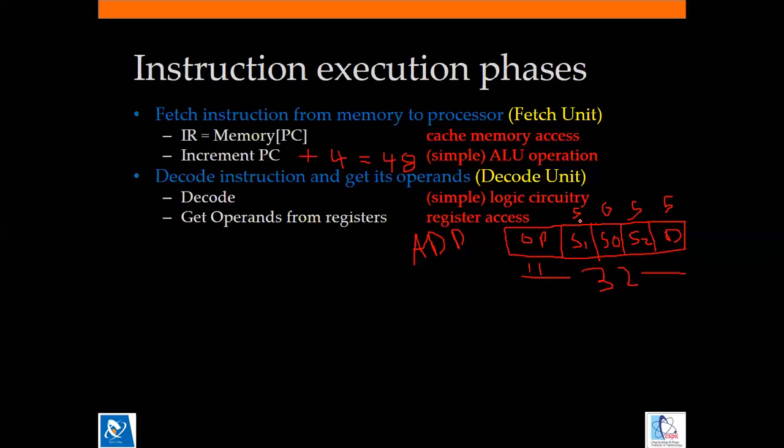Such an instruction is held in a register known as the instruction register. Once the instruction goes into the instruction register, the processor starts decoding it. First, the processor looks at the opcode, which can have 2 raised to 11 different values.